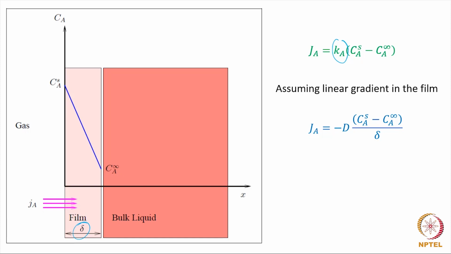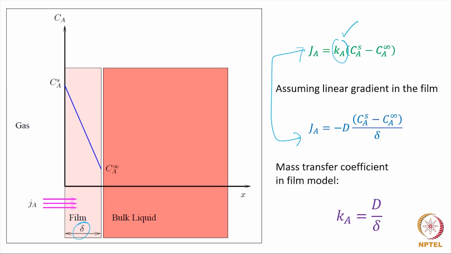So by comparing these two expressions, then we can determine what is Ka, which comes out basically as D by delta. So you can see, as earlier, that a relevant length scale is coming in the denominator and giving the mass transfer coefficient. This is a very simplified assumption, and it goes by the name film model.